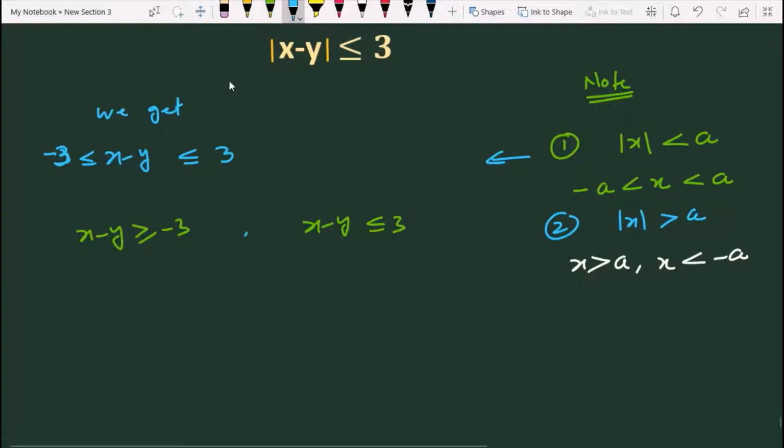Now we can plot the graph of this equation. For this we take 2 points.